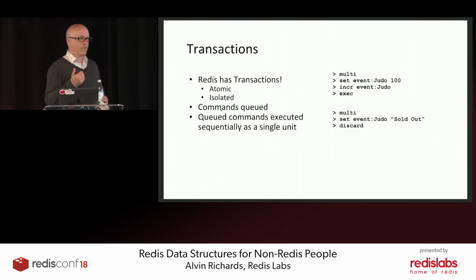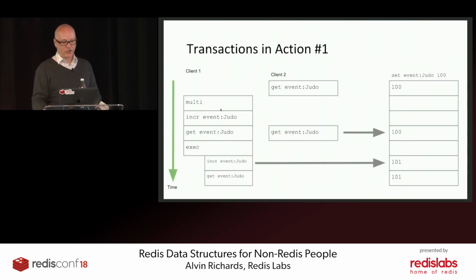And so what Redis is doing is it's storing up all of those commands, and then when it gets to the exec, it executes all of those commands as one single atomic block. So you're guaranteed that that block executes or doesn't execute. Equally, I can start a transaction and decide that I don't want that transaction to proceed, and I can use the discard. So we can have a look at that in action.